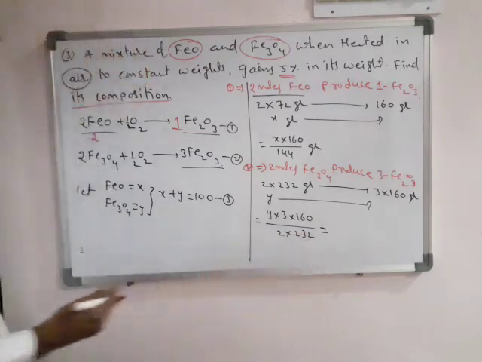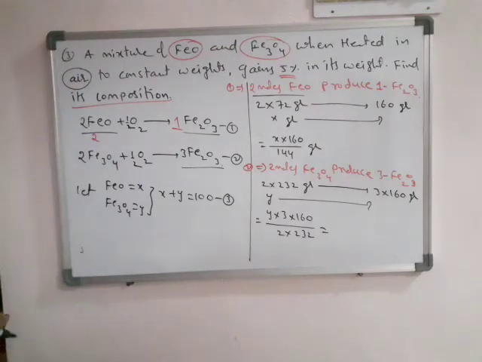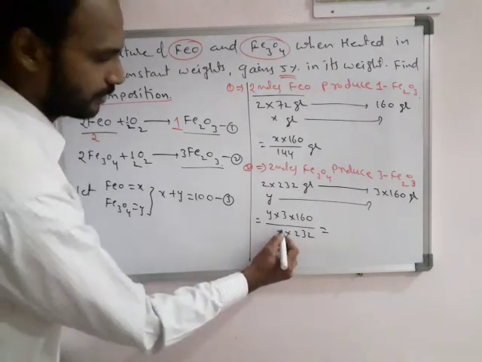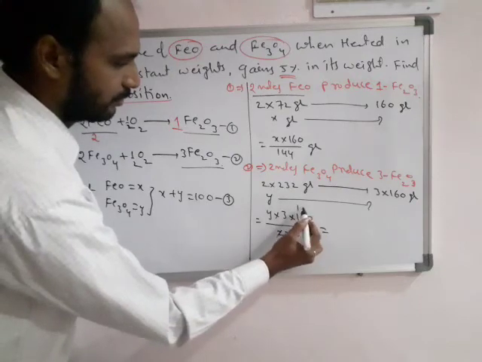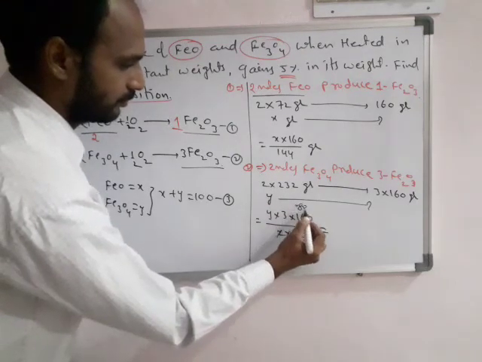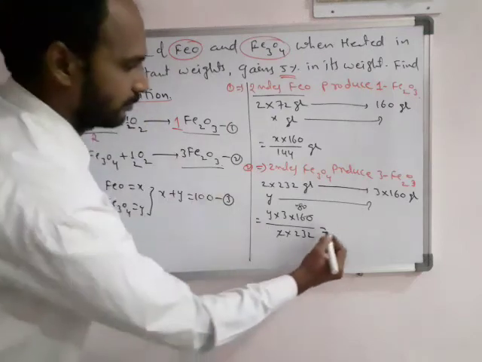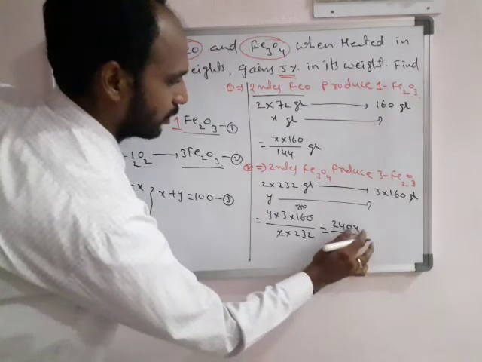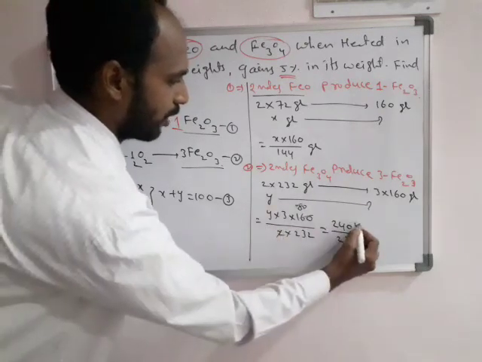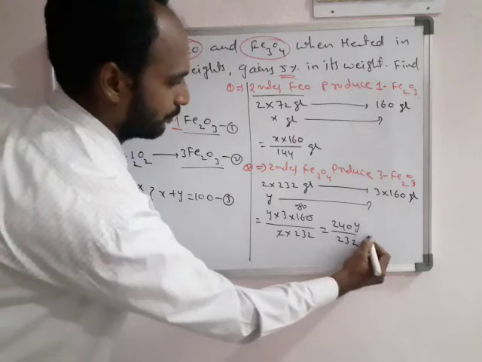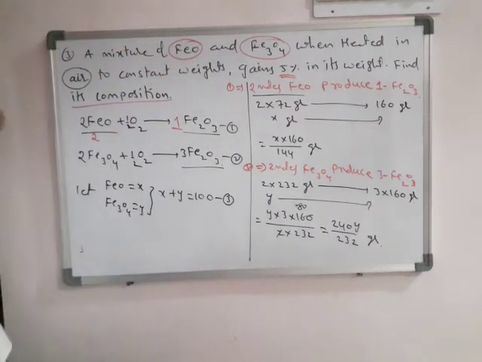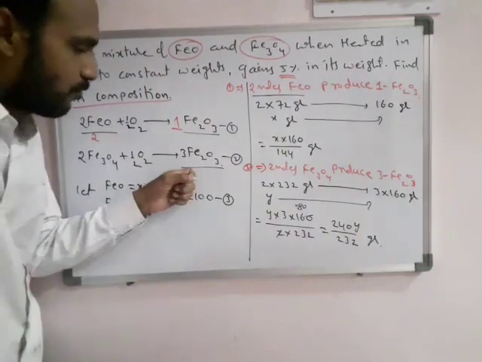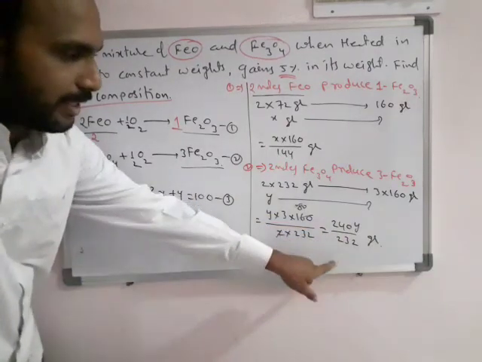Approximately, by the general calculation, we will get, so don't do the total calculation here, 240y by 232 grams. Means the amount of Fe2O3 formed here is 240y by 232 grams.